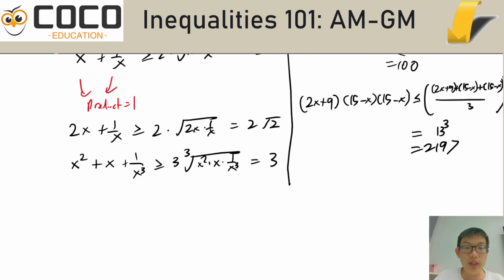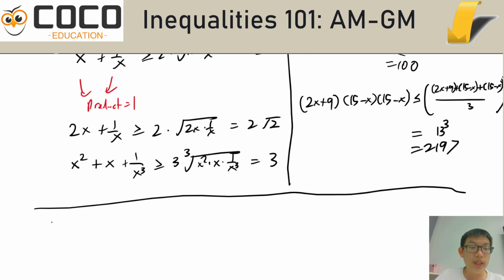So if I were to tell you, by the way, x times y is equal to 16 and ask you for the maximum value of 4x plus y, that will be wrong because it should not be asking you for the maximum. The maximum is infinite. Just make x really big and y really small. Minimum value of 4x plus y given that they are positive.